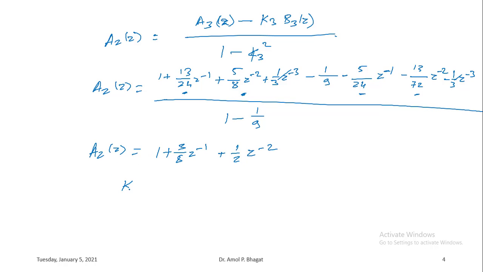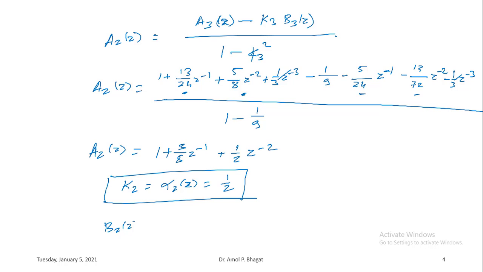From a2 of z you can obtain k2, so the value of k2 will be alpha 2 of 2, that is nothing but 1 by 2, correct? Again from this a2 of z you can obtain b2 of z, so again it will be z to the power minus 2 and a2 of z inverse.